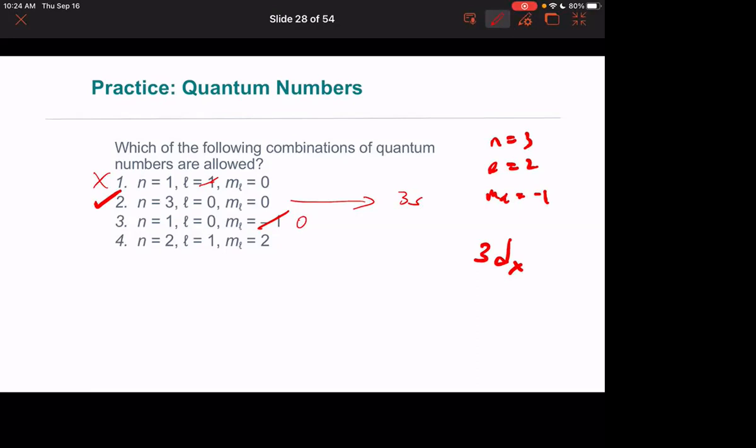At some point you'll see it in the book, I think when they start to show the diagrams, where they distinguish between them. On page 111 in your book, you'll see 2px, 2py, 2pz, and different notations for them.